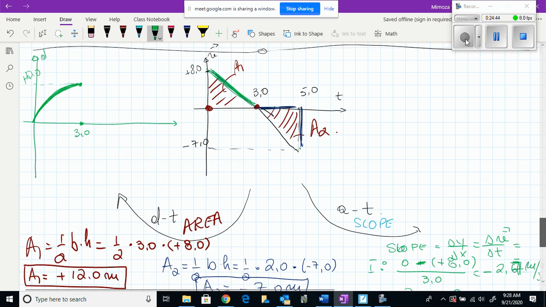And for the second one, it is -7. So from the position that is there, the object is going -7 meters. So from 12 to -7, +12 plus -7 will be +5.